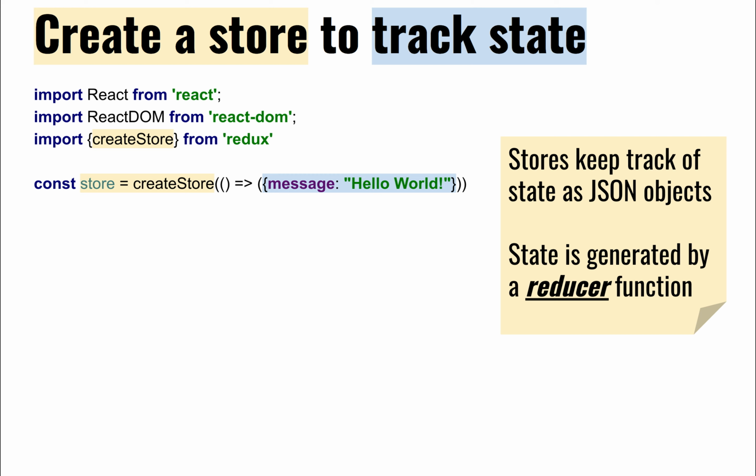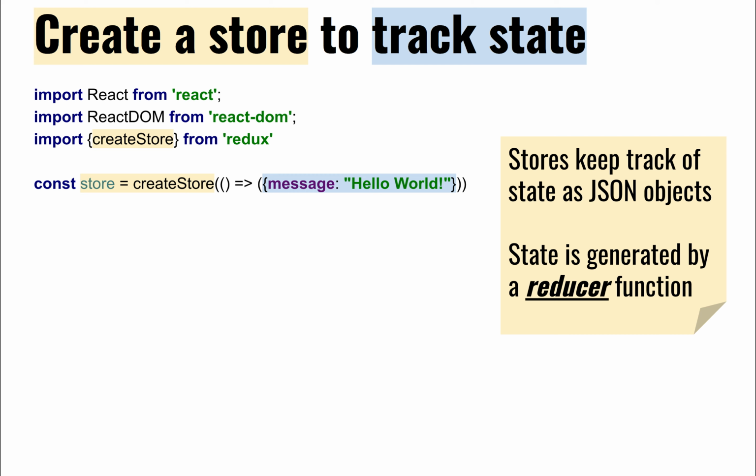The reducer is just a plain old function that calculates what the next state is. When it runs the function, it just says, oh, the next state should be whatever. It comes back with some JSON object. Right now, this function is calculating that the state is always that the message is hello world. Yes?